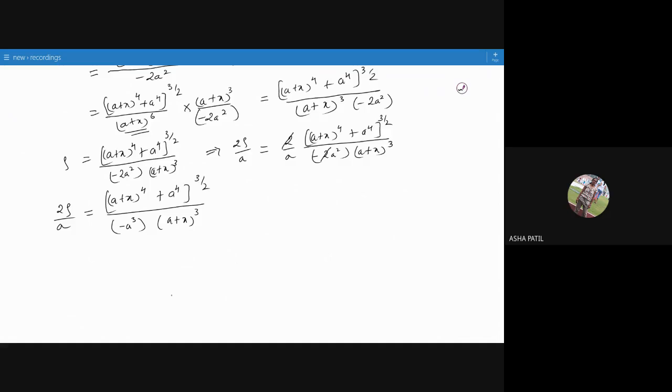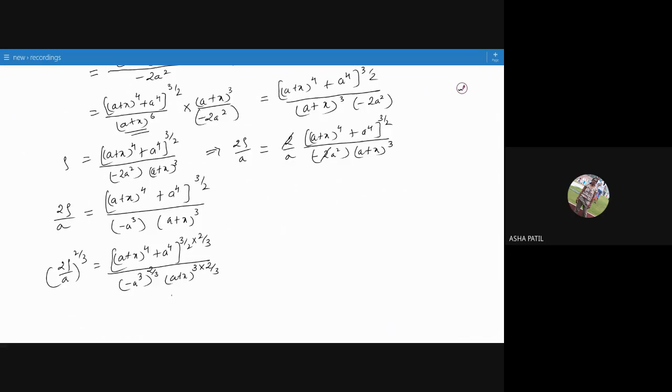So we raise both sides to the power 2 by 3. On the RHS, already we have 3 by 2, again raising it to the power 2 by 3. Similarly, a cube with minus sign raised to 2 by 3, then (a plus x) raised to 3, again raised to 2 by 3.